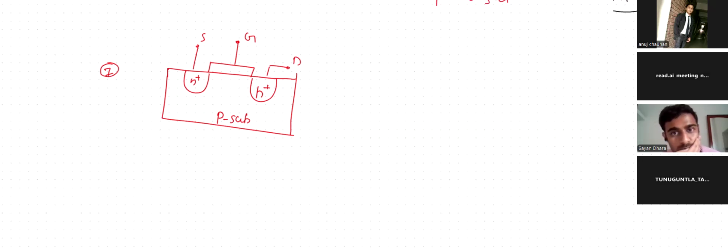So let my gate be at 1 volt, drain at, let's say, 2 volt, source at ground, and body at 1 volt. So which particular diode in this MOS structure will be conducting?